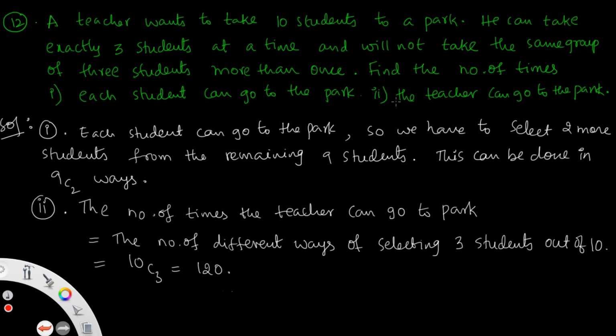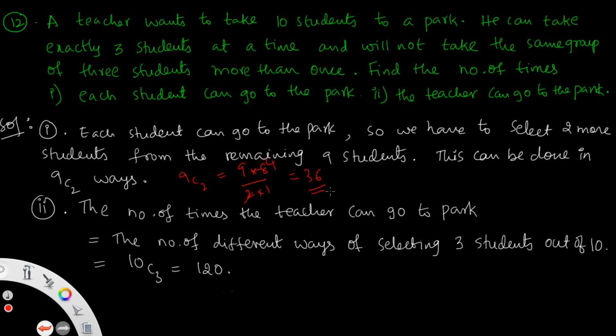Except that person, 2 more will be in the group, and the remaining total is 9 students. This can be done in 9C2 ways. That is the first answer. 9C2 becomes 9 into 8 by 2 into 1, that is 36 ways you can go.